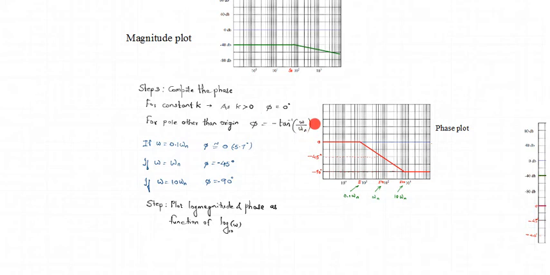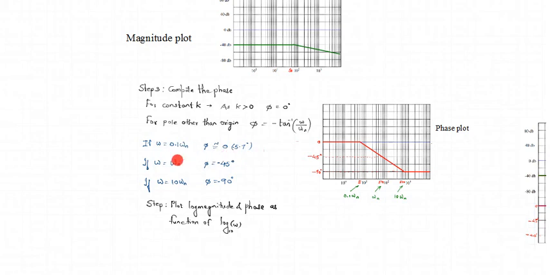Now to do this phase plot, we need to plot it for various values of omega. If I take omega as 0.1 omega n, I get a phase value very close to 0. It becomes actually minus 5.7, but since 5.7 is very close to 0, we approximate it to 0. So when omega takes the value 0.1 omega n, phase is 0.